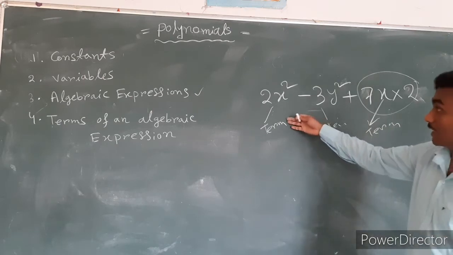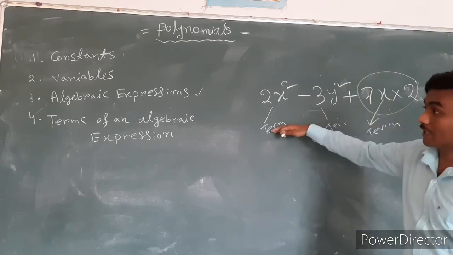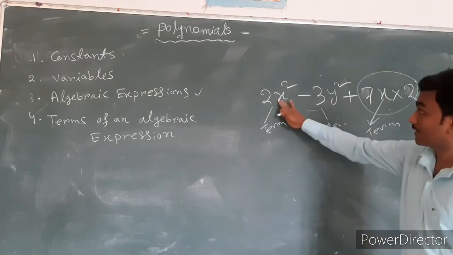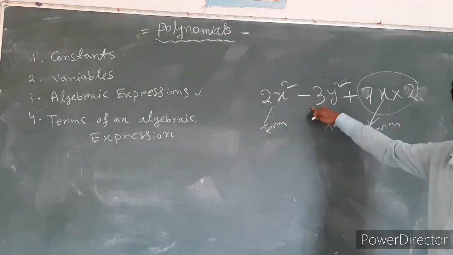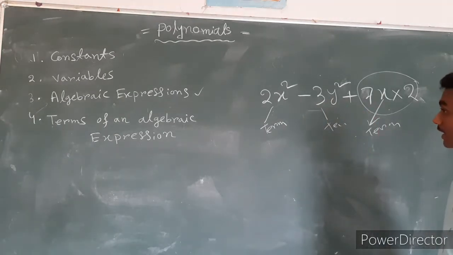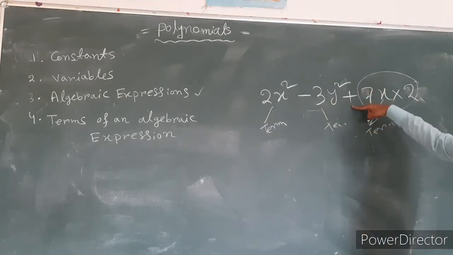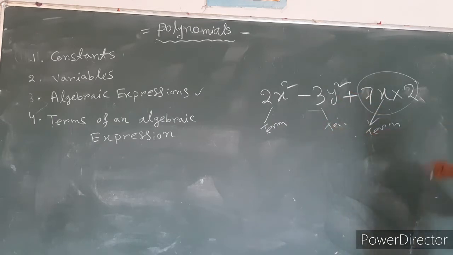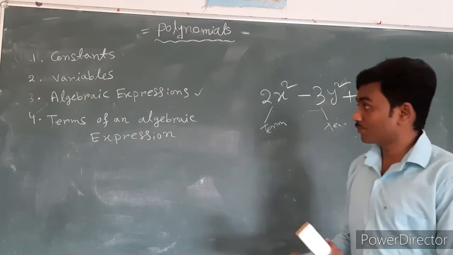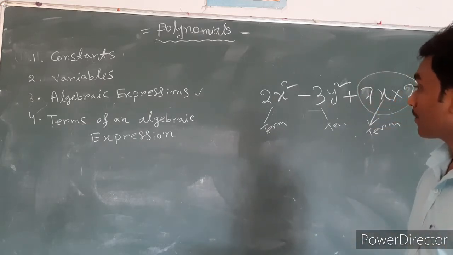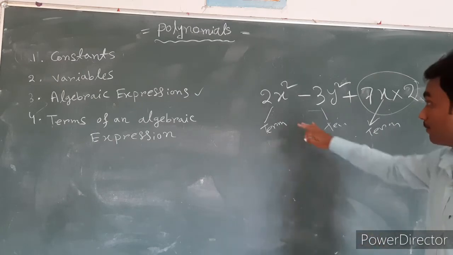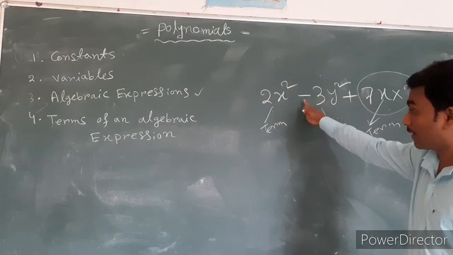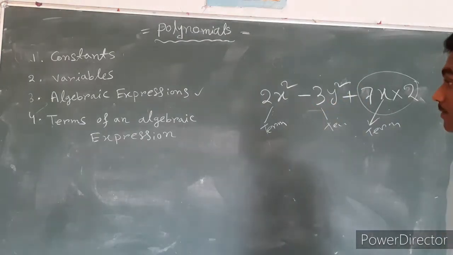So there are four parts, but there are three different terms, because three parts are separated by plus and minus only. Then this is an algebraic expression which has three different terms. So the terms of an algebraic expression are the several parts of the algebraic expression separated by plus and minus only.